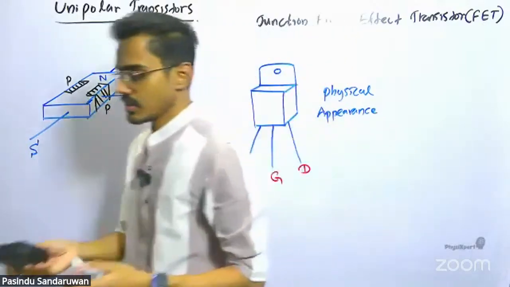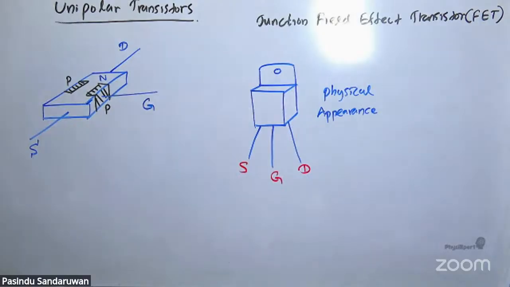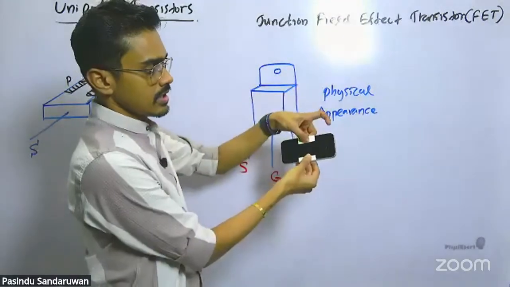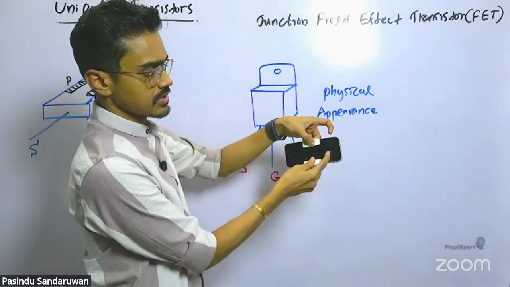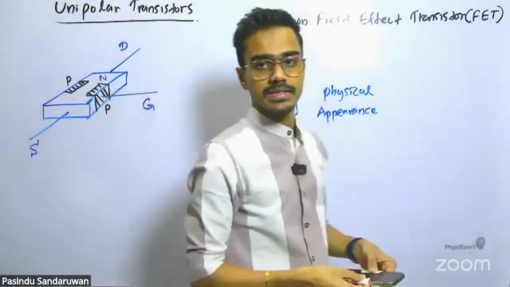Got it? I have something a little smaller. See, something like this. This is what you see. This one is N-type, and this is P. P is wrapped around this.